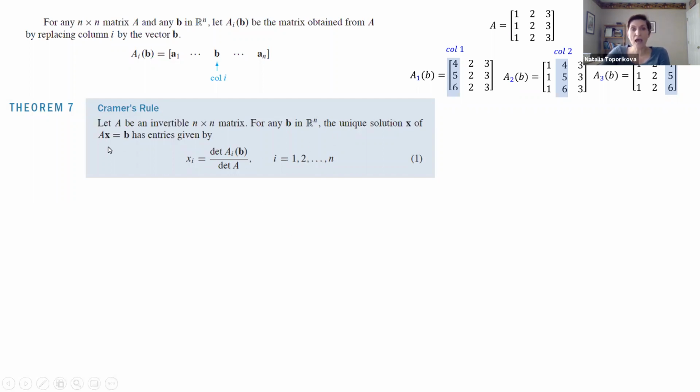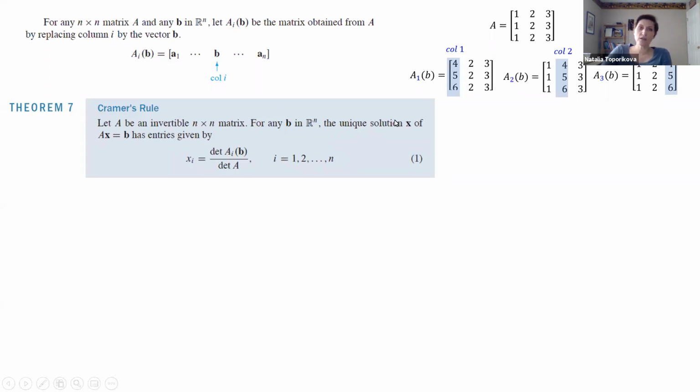If we have a matrix equation AX equals B, every component of our vector X can be found by dividing the determinant of this substitution matrix A_i of B by the determinant of the full matrix A. And that's called Cramer's rule.